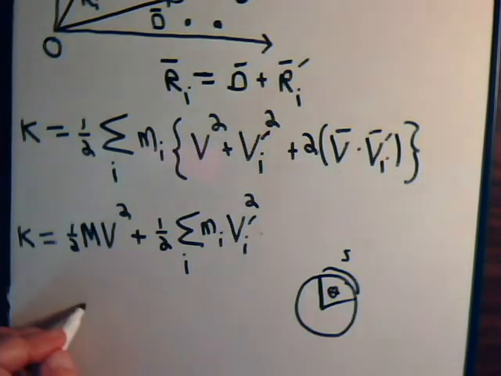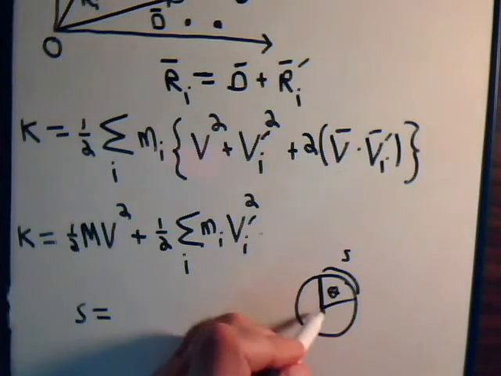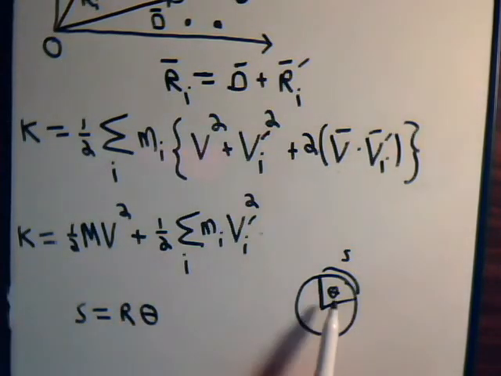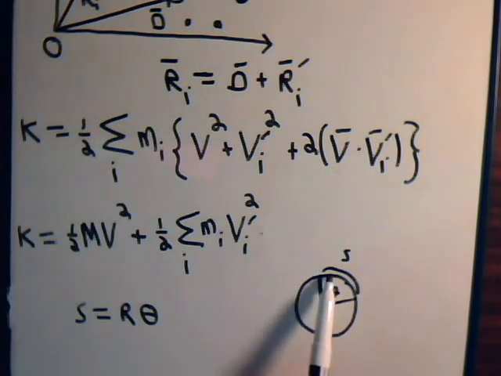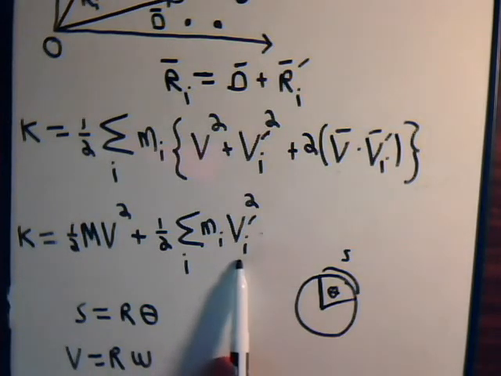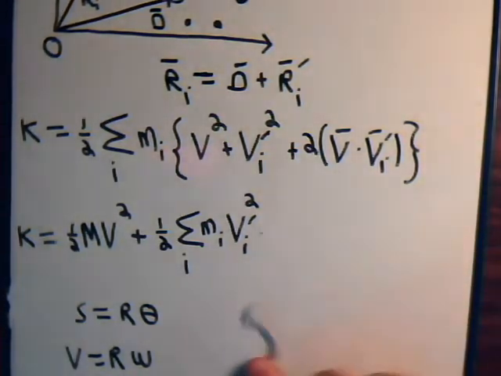Of course, that arc length equals the radius times the angle, provided the angle is measured in radians. And this arc length S is a linear distance. If we take the time derivatives, the linear velocity equals r d theta dt, and that is the angular velocity, omega.